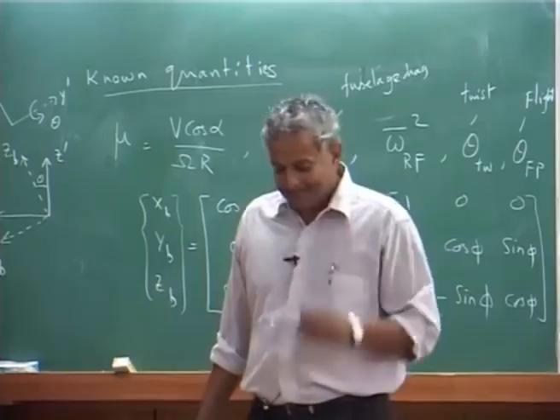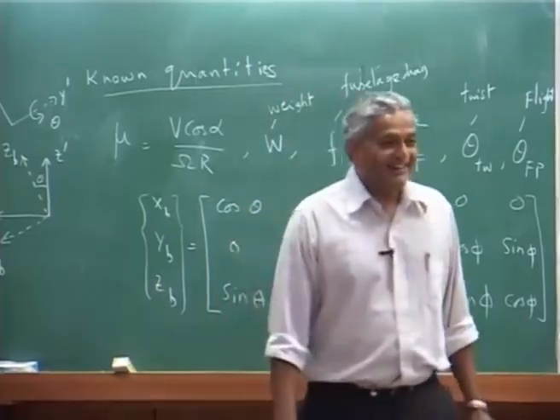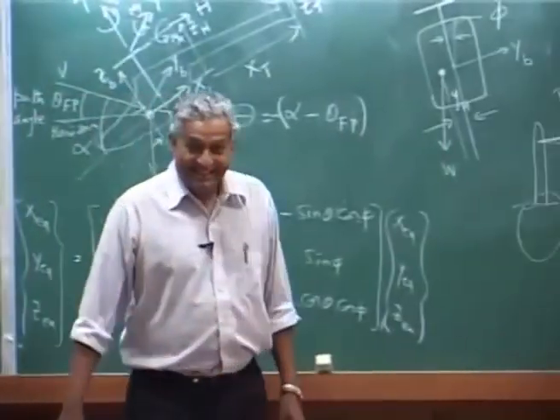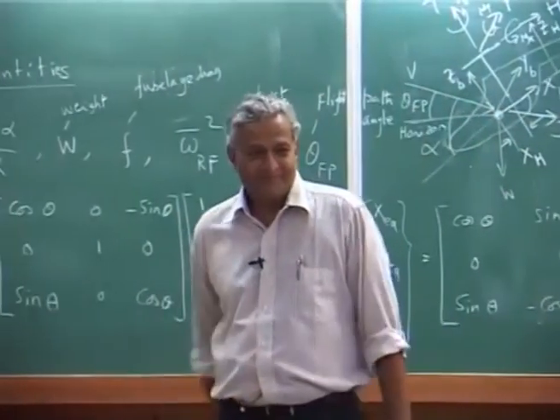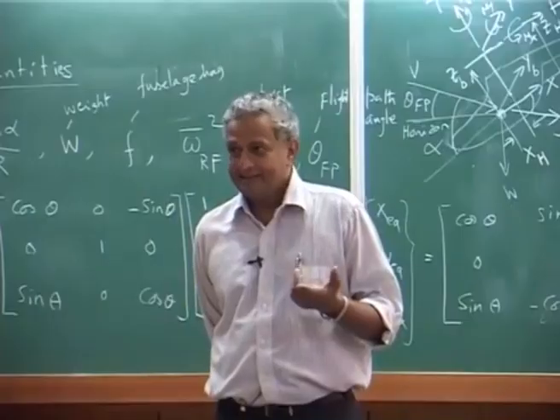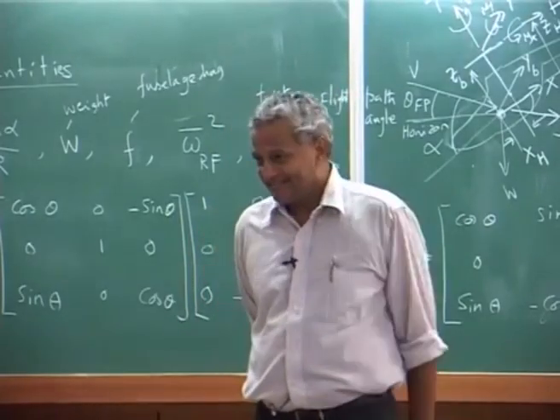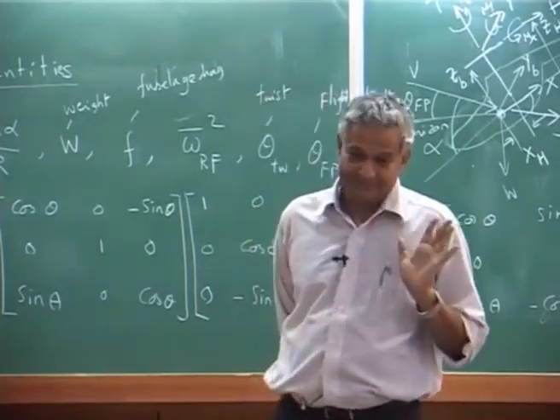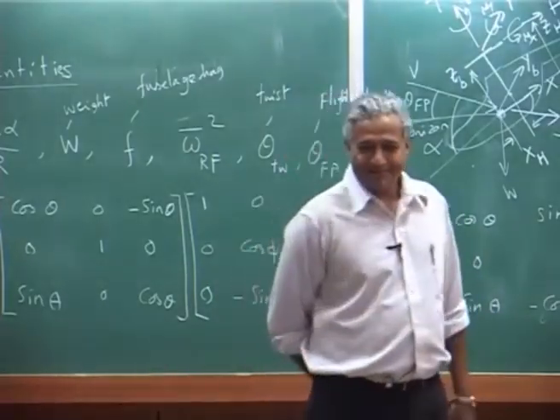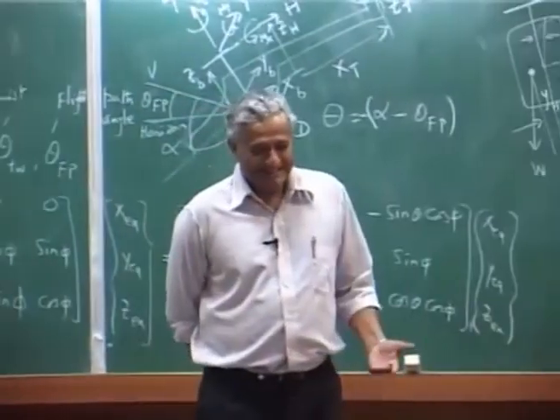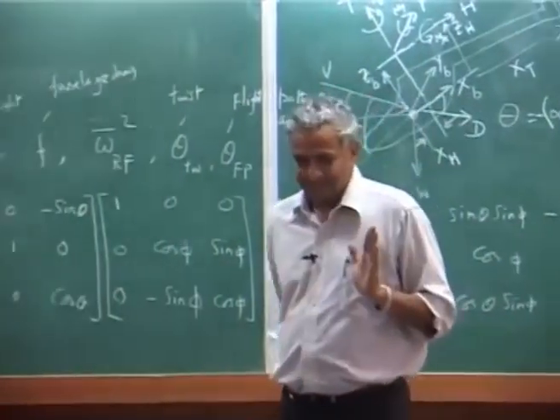Why? A component of the thrust you can use in supporting the weight, that is all. But usually cant is not done arbitrarily, not everybody goes and gives the cant.